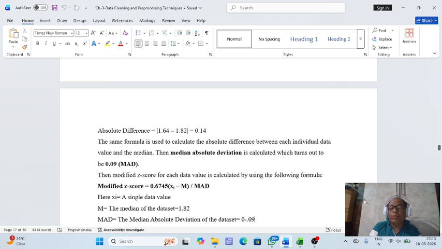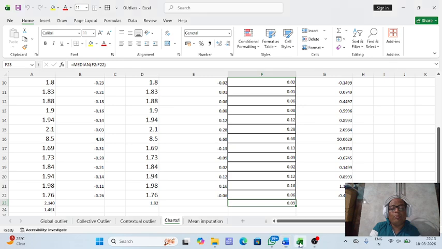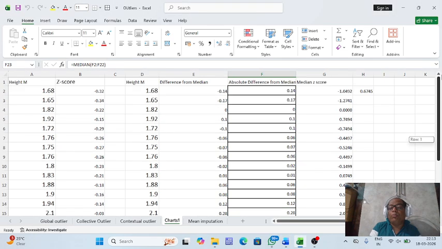Here we have put the constant 0.6745, divided by H2. E2 is the difference of the value from the median, into D2.